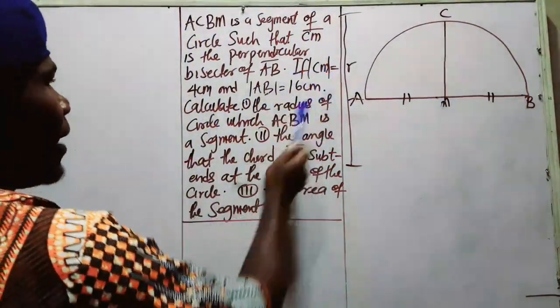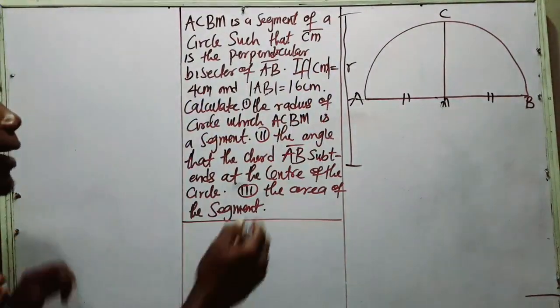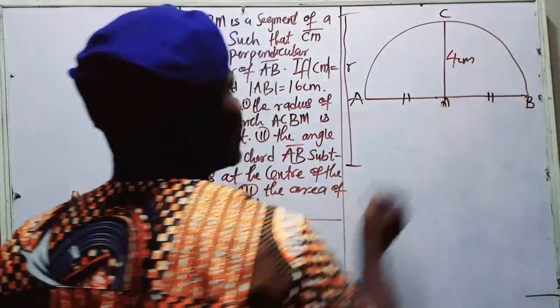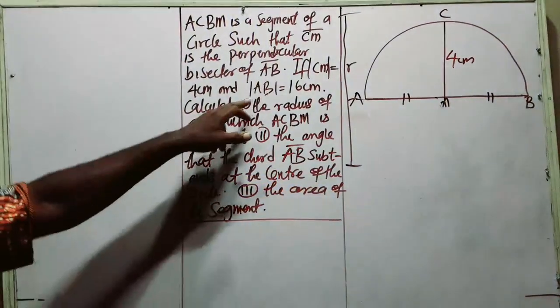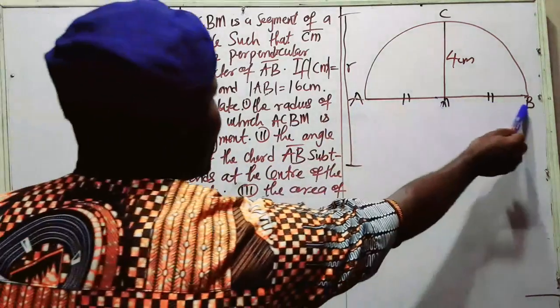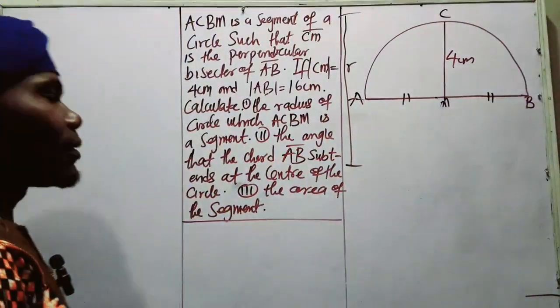Therefore, CM is equal to 4 centimeters, and AB is equal to 16 centimeters.